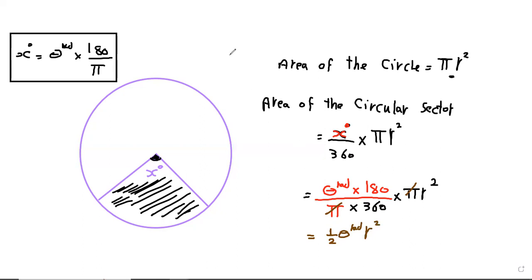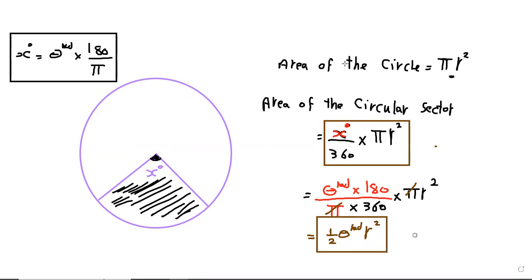So what is the area of the circular sector? We have two rules till now. The first rule is x degrees over 360 multiplied by pi r squared, or half theta radian multiplied by r squared. We have studied before that theta radian is the radian measure of the central angle, and the measure of the central angle in radian equals L, the length of the opposite arc here, divided by the radius.